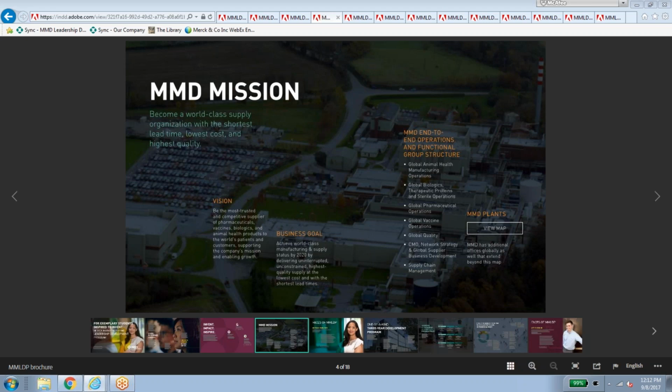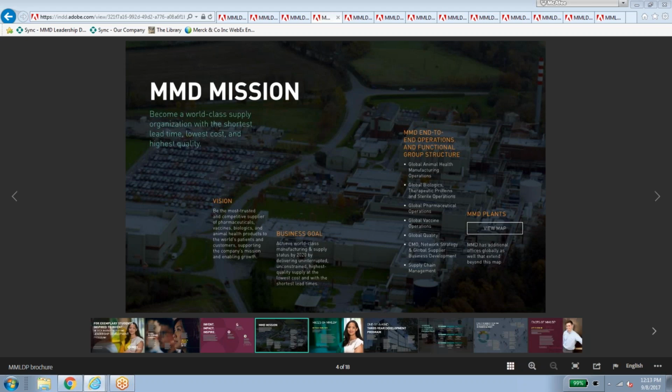So this translates into our vision of being the most trusted and competitive supplier of pharmaceuticals, vaccines, biologics, and animal health products to the world's patients and customers which supports the company's mission and enables growth. This vision translates into our business goal of being able to achieve world-class manufacturing and supply status by 2020.